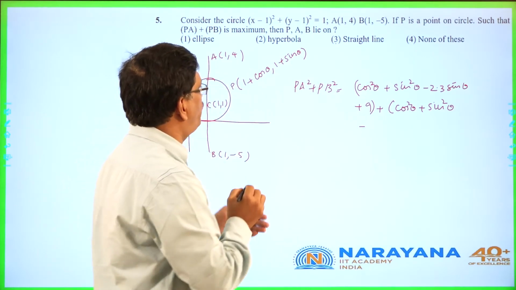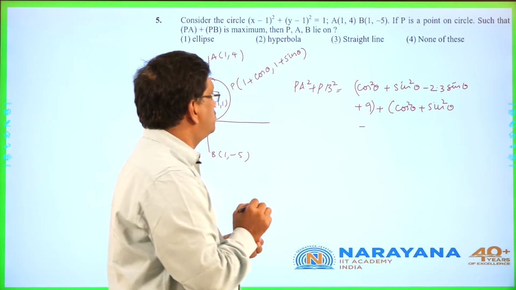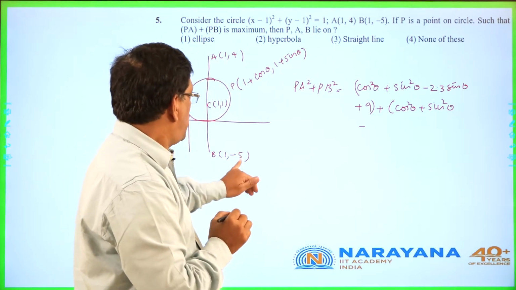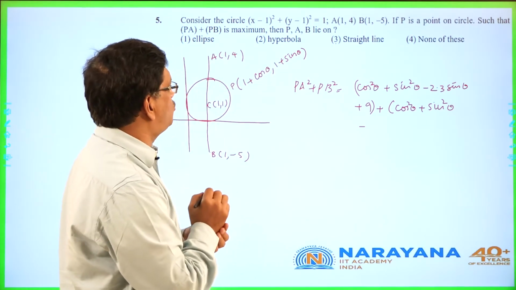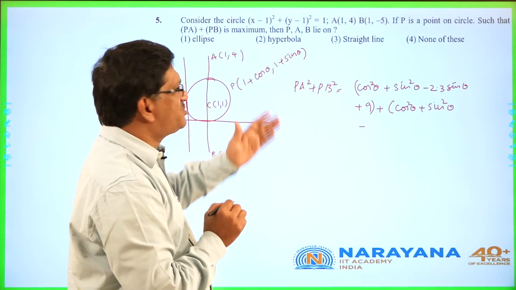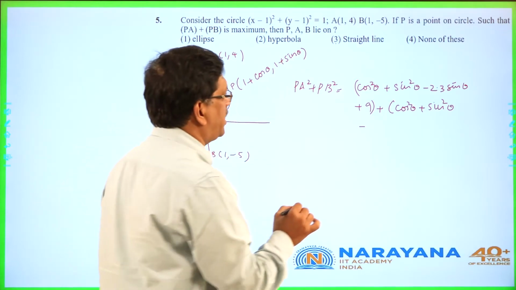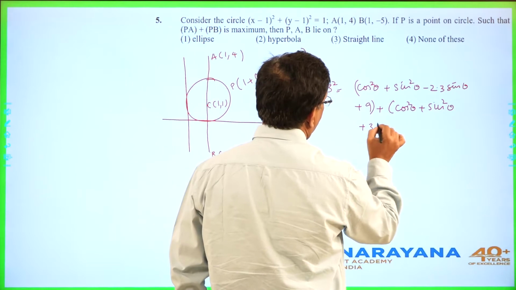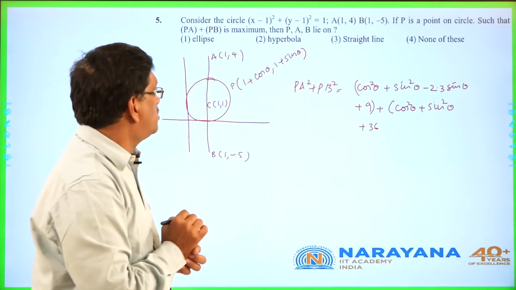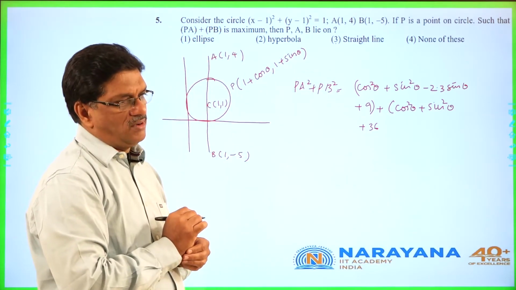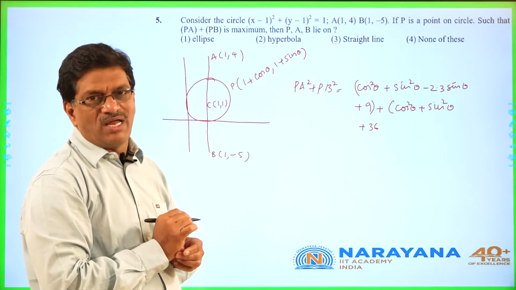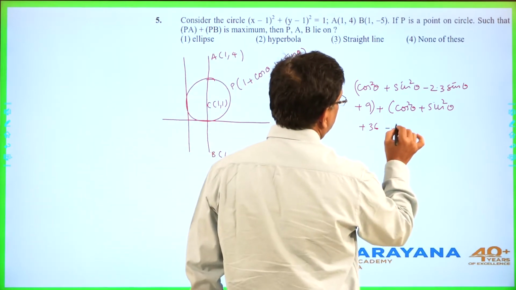So minus 5 minus 1, minus 6, x2 minus x1 whole square. Minus 5 minus 1 is minus 6, square, that is 36. Sin square theta, minus 5 minus 1, minus 12 sin theta.